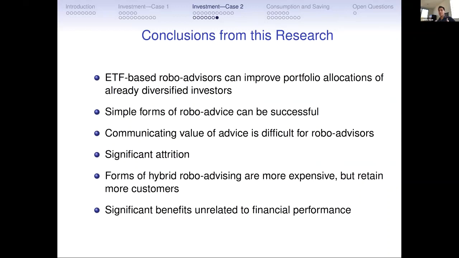Forms of hybrid robo-advice can be more expensive, but can be very helpful in retaining customers. And we can document significant benefits that are unrelated to financial performance, but are instead related to aspects that are not purely portfolio allocation related.